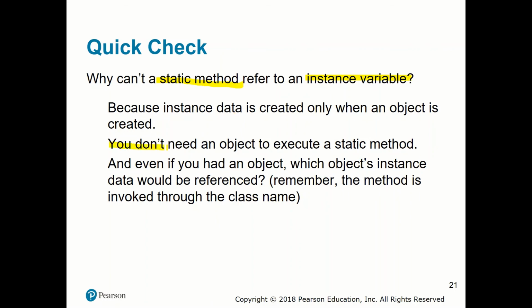So we don't need an object to execute a static method. And even if you had an object, which object's instance data would be referenced? You just need to know that static members can be used without creating an object. That's why we cannot use an instance variable in the main method. Is it clear? Okay, this is section 7.3.